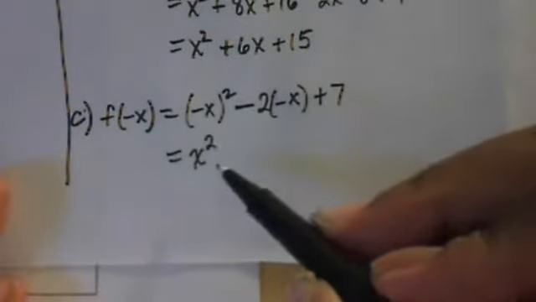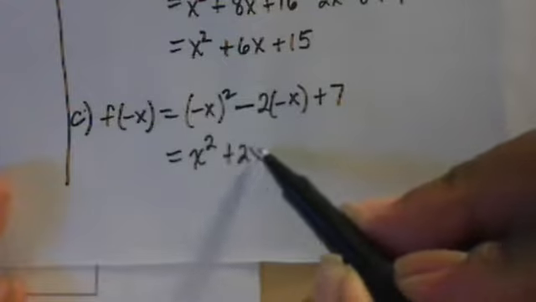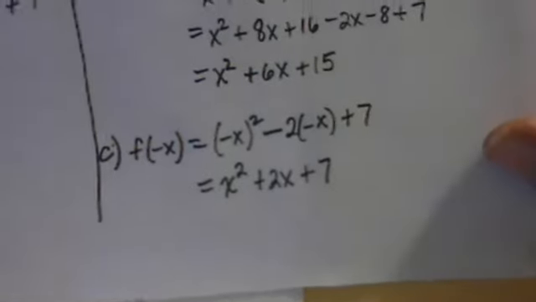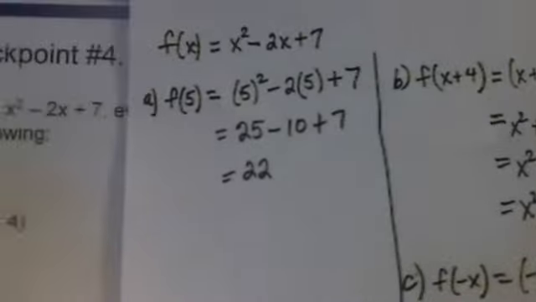Minus 2 times negative x will be a plus 2x plus 7. And that's as far as we'll go with that problem. In this case, it'll be x squared plus 2x plus 7. Okay. So do be familiar with how to evaluate particular functions that use function notation.